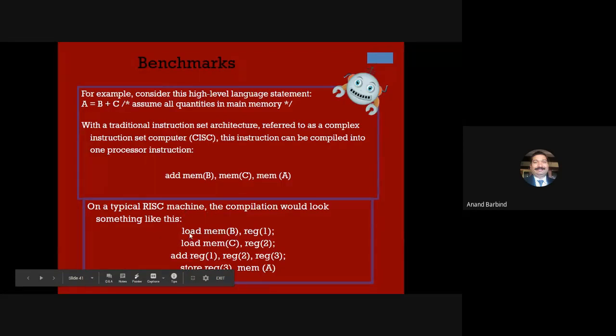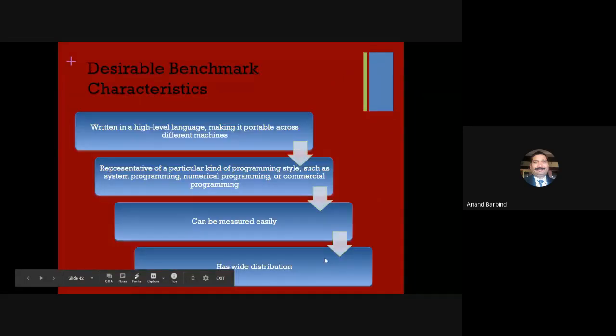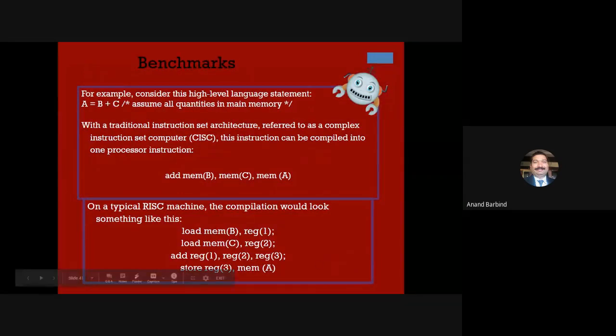For example, you need a load instruction to load the contents of memory B into register 1. Then you load the contents of memory C into register 2. Then you add the contents of register 1 and register 2 and store the result in register 3. Finally, you store the contents of register 3 to memory A. So you need more instructions here.